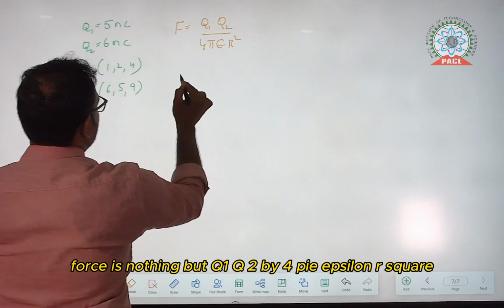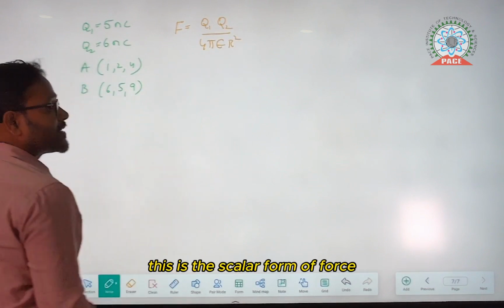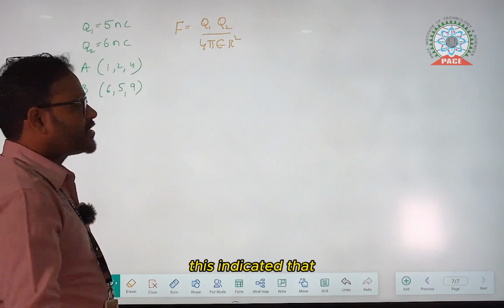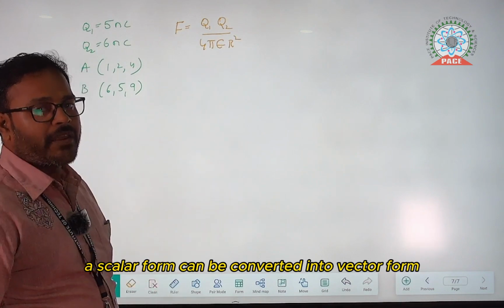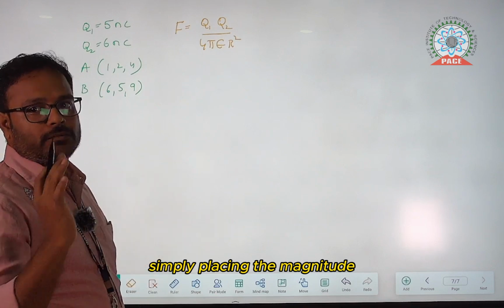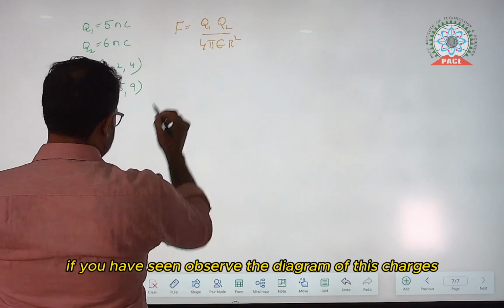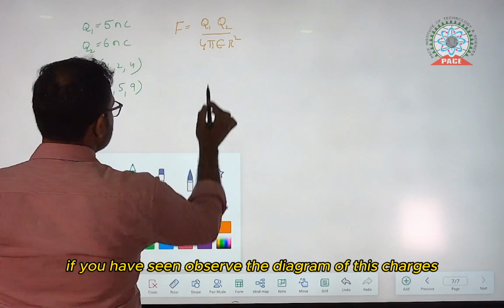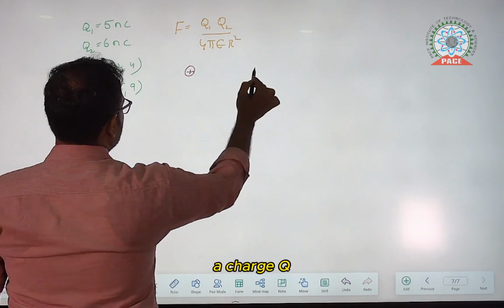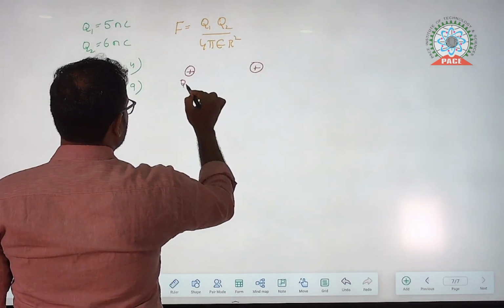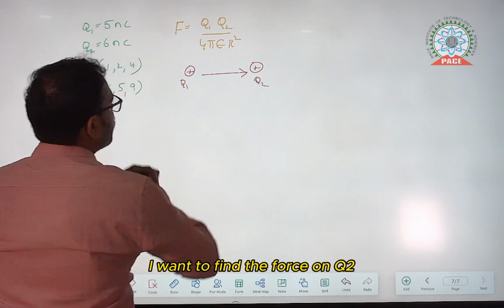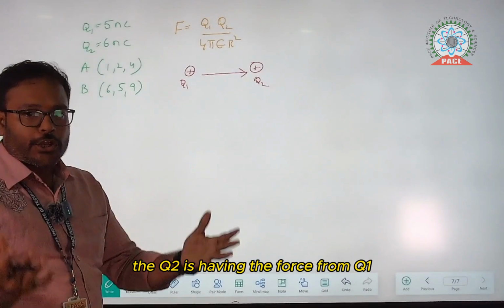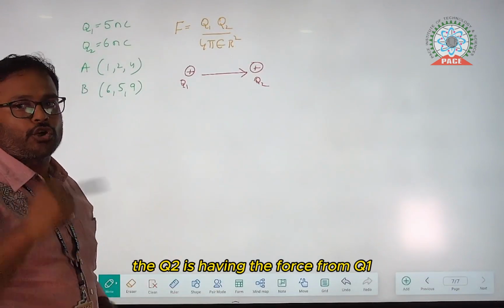We calculated that the Coulomb's law force is Q1 Q2 by 4 pi epsilon r square. This is the scalar form of force. A scalar form can be converted into vector form simply by placing the direction along with the magnitude. Observe the diagram of these charges. I want to find the force on Q2. Here this arrow indicates that Q2 has a force from Q1.